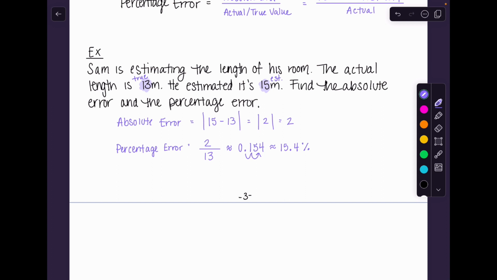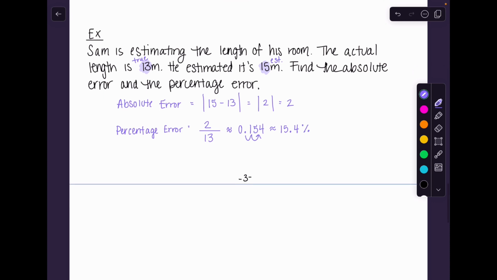Okay. So to show you, in this case, you get the same thing if it was an underestimate. If I change this problem just slightly, and instead of saying his estimate was 15 meters, let's say it's 11 meters. So he's still off by a distance of 2 meters.